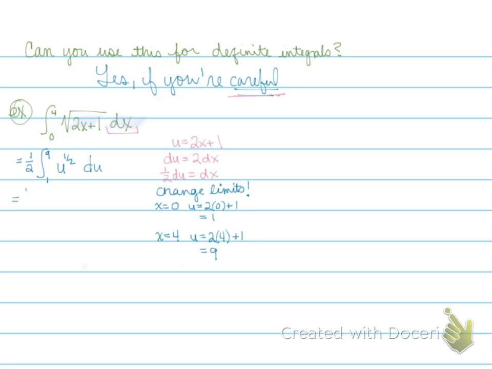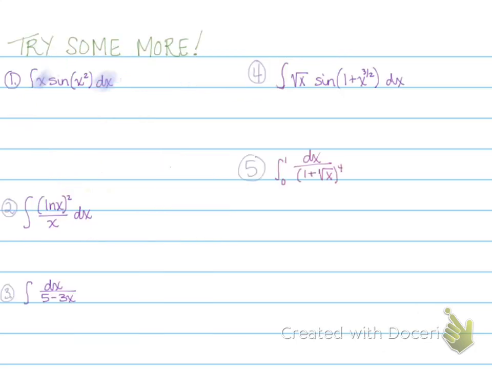When I integrate this, this should be your answer. If you don't have this answer, pause and go back. Try to redo the definite integration. Now, take a couple of minutes and try these 5 problems. Pause the video now so that you don't see the answers.